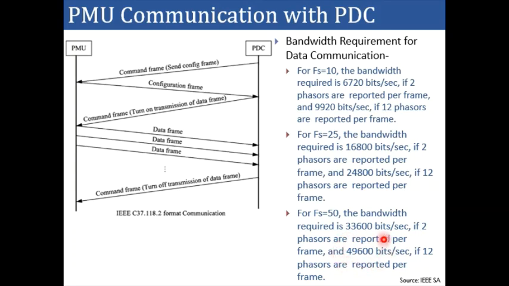Now you can understand that the data reporting rate increases when the number of frames per second to be sent from the PMU increases. Now if you have 50 frames per second of data reporting and we have one PMU, then it is close to 50 kbps, that is 50 kilobits per second.